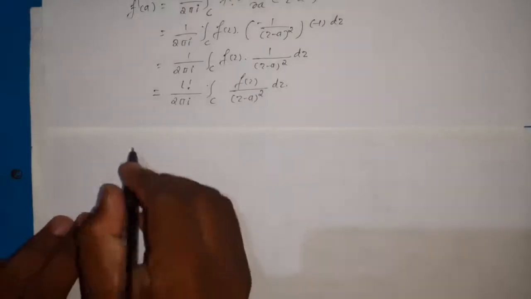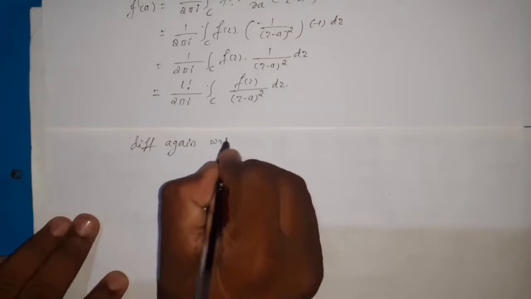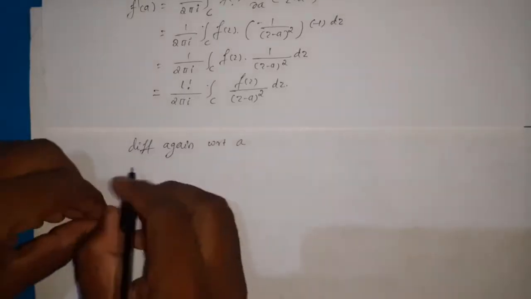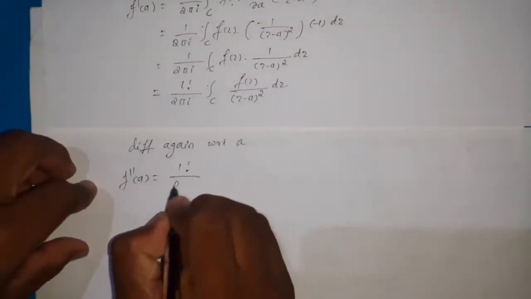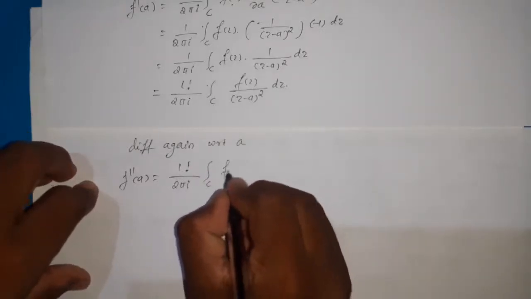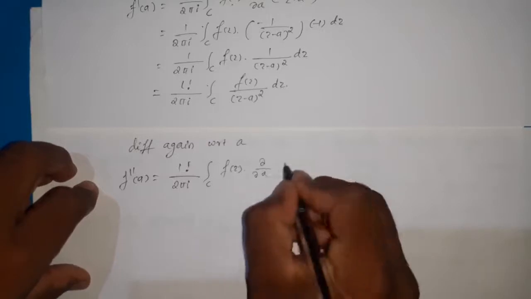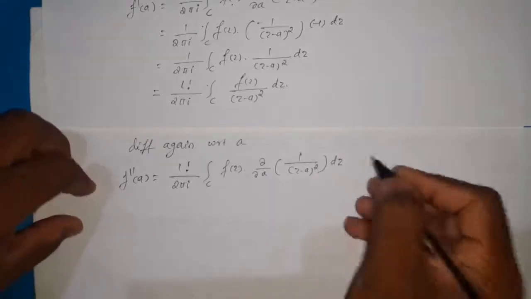Now let us consider the second order derivative. So let us differentiate again with respect to a. Let us differentiate f dash of a with respect to a, then f double dash of a is equal to 1 factorial divided by 2 pi i into integration over C f of z dou by dou a of 1 divided by (z minus a) whole square dz.